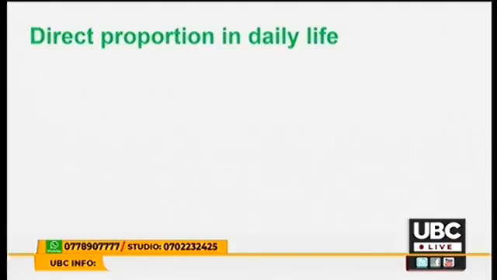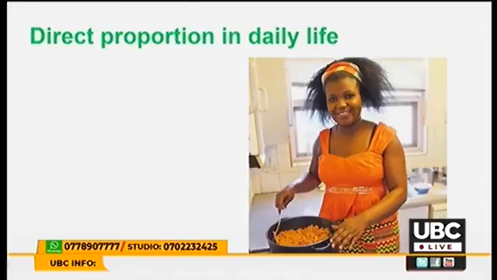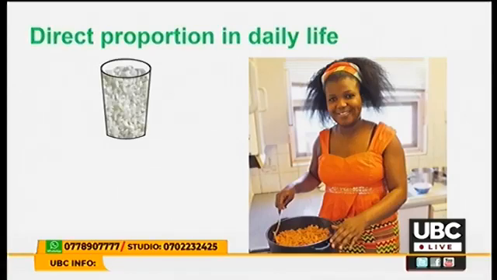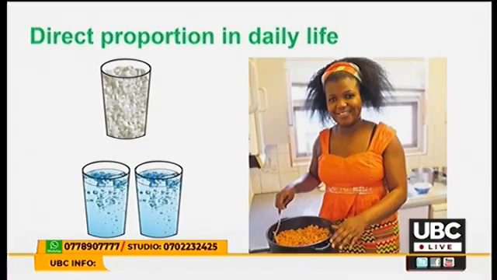Let's look at direct proportion in everyday life. I'll take you to the kitchen. Every time your mom, your sister, your auntie is in the kitchen, or you yourself preparing, let's look at how to prepare a rice meal. On the screen you can see a glass full of rice and a lady in the kitchen.